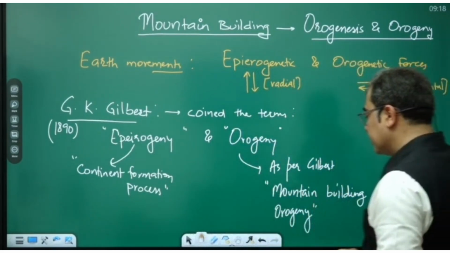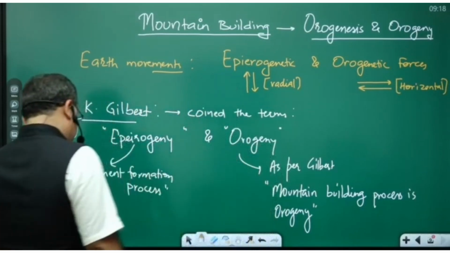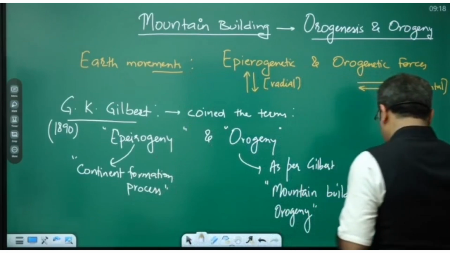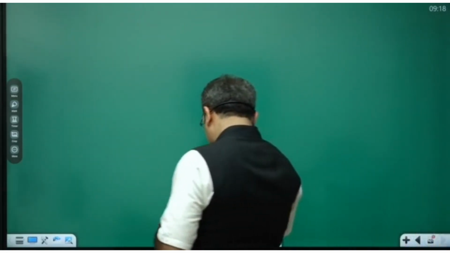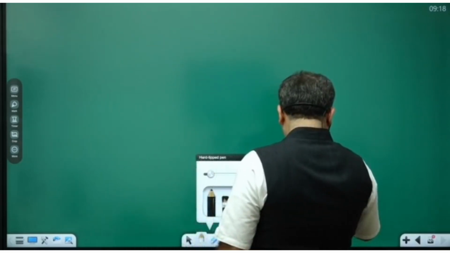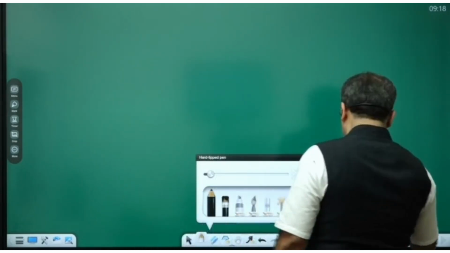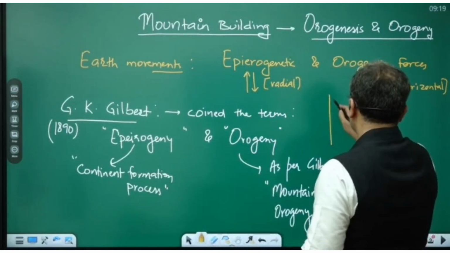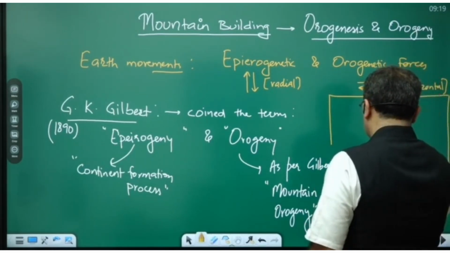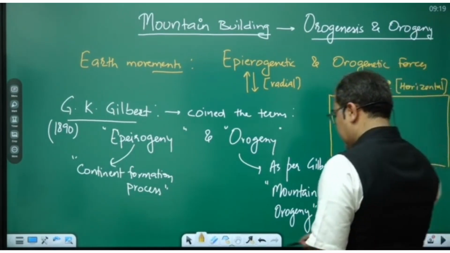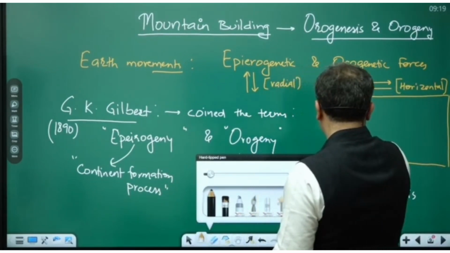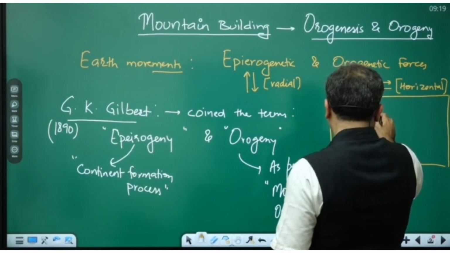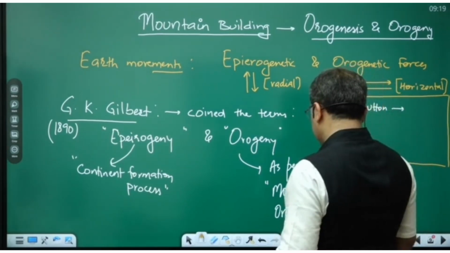Is everyone okay? Another thing that happened during this time was in 1889, let me write as a box item here. '89. You've heard of the name, the person. His name is Dutton.